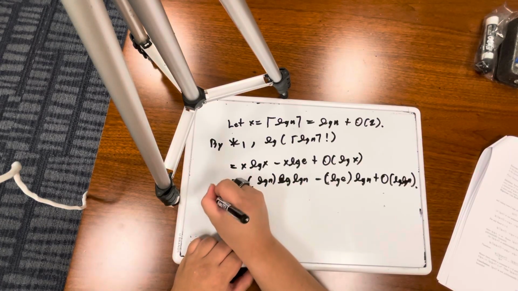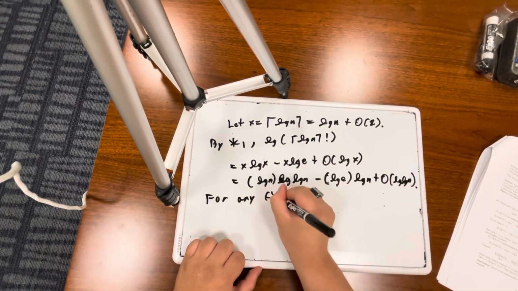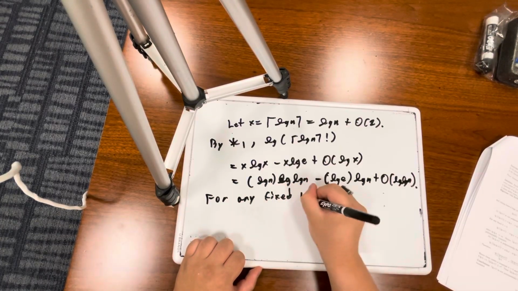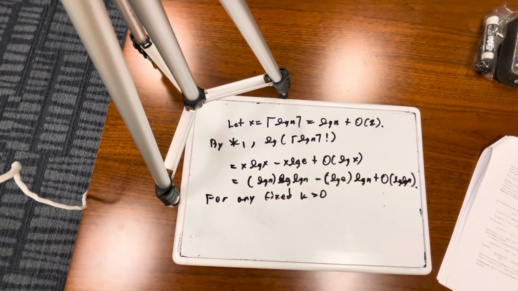Now, for any fixed k greater than 0, we're trying to subtract that, which is the argument I was looking at earlier.